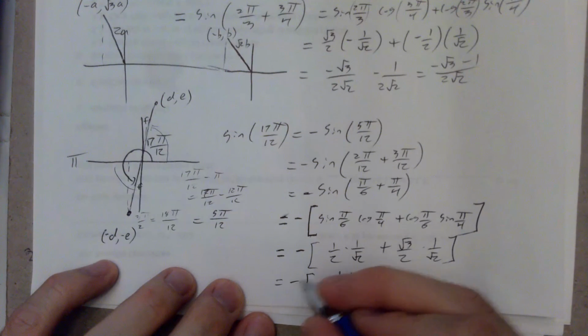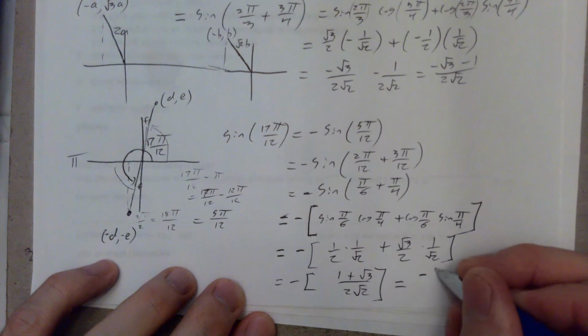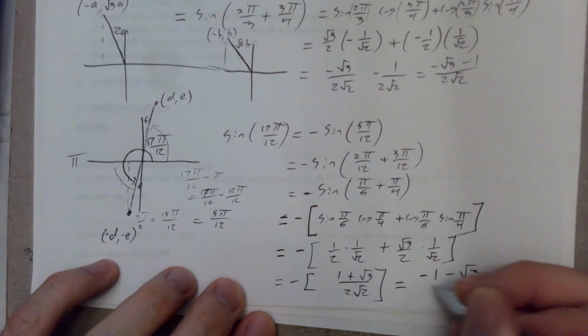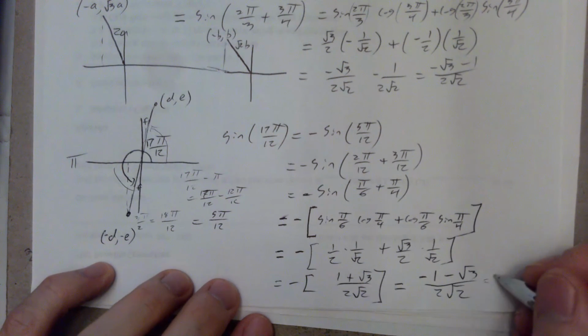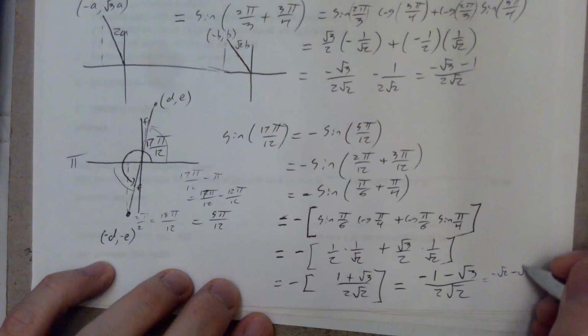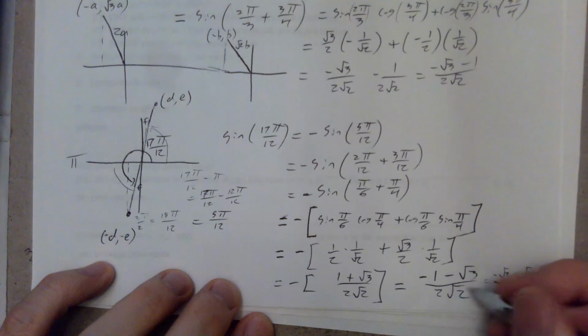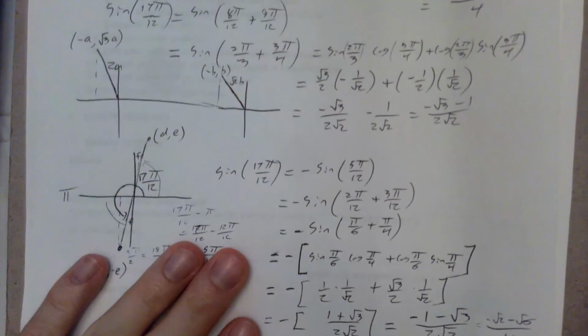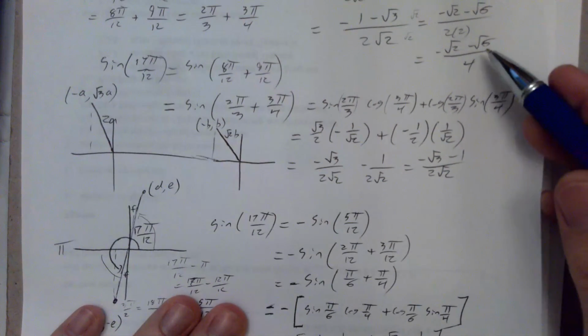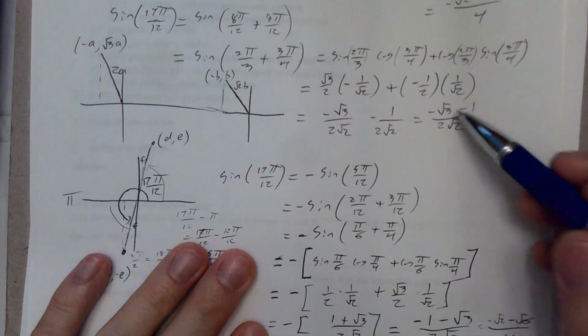If I distributed the negative through the numerator, I would get -1 minus root 3 all over 2 root 2. And I could rationalize it to negative root 2 minus root 6 all over 2 times root 2, which is 2 times 2, which is 4. So I get the exact same answer as my first time, and just a rearranged answer as the second.